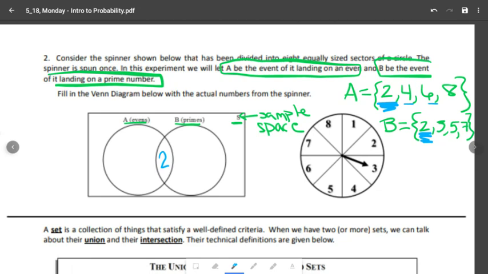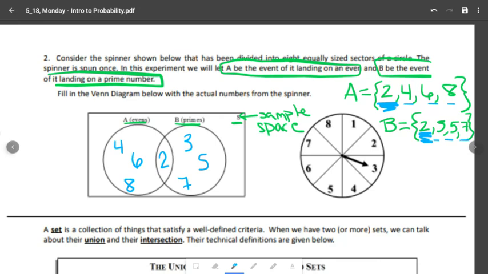Now, the numbers 4, 6, and 8 in A do not show up in B. So all 3 of those numbers are going to go in circle A, but not in the part of circle A that is shared with circle B. Similarly, the numbers 3, 5, and 7 from set B. They are part of B, but they don't show up in A. So those 3 numbers have to go into circle B, but not the part of circle B that is shared with A.